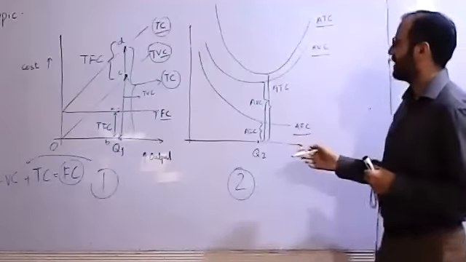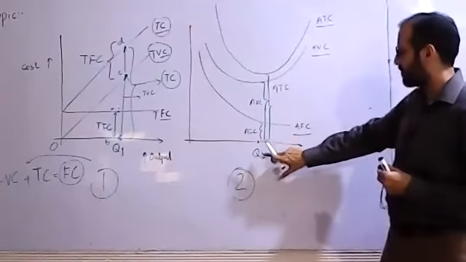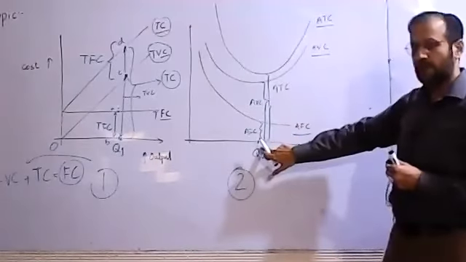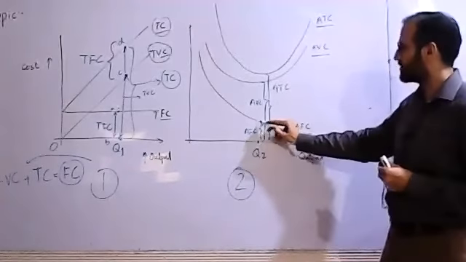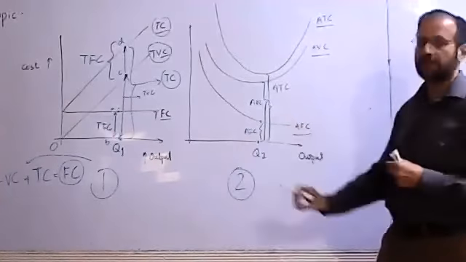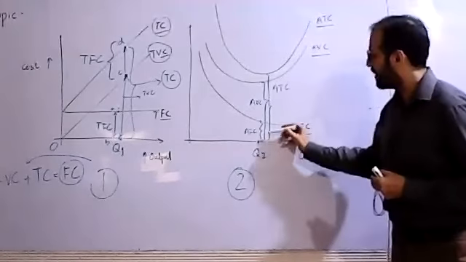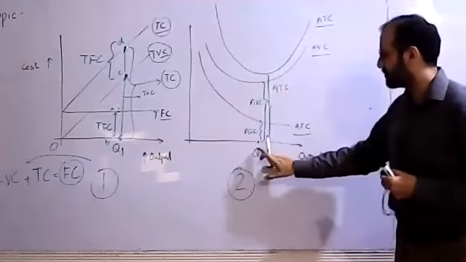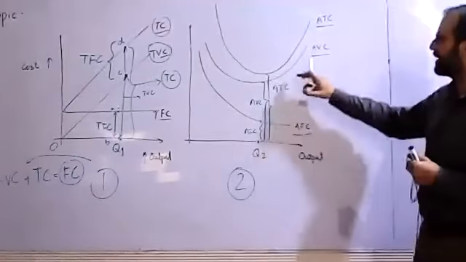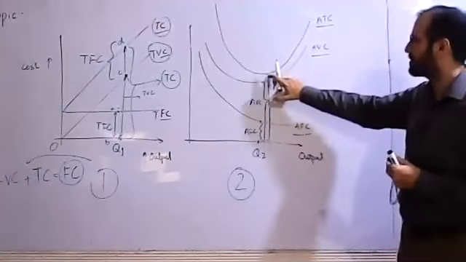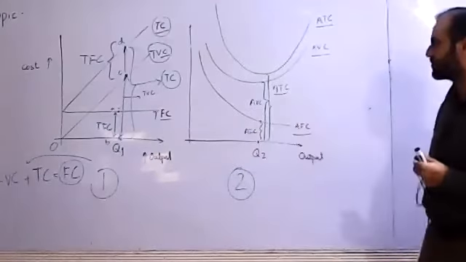Similarly, at output Q2, this bracket represents average fixed cost, the area between this curve and this axis is average variable cost, and from this curve to this axis is average total cost.